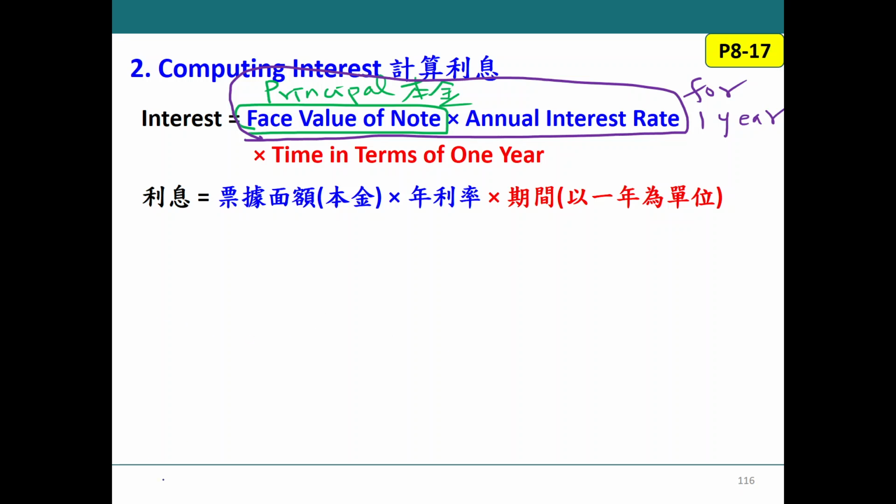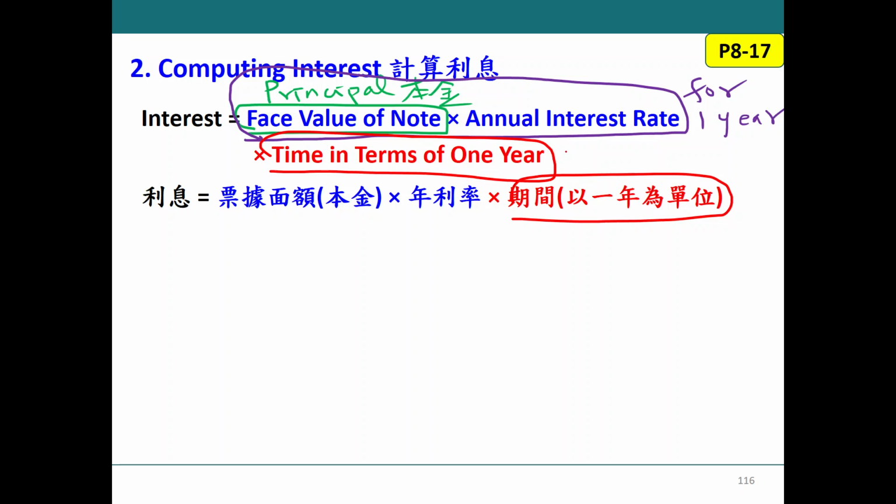So the last one, always, you will forget. So please don't forget the last part. 期间. So what does it mean?